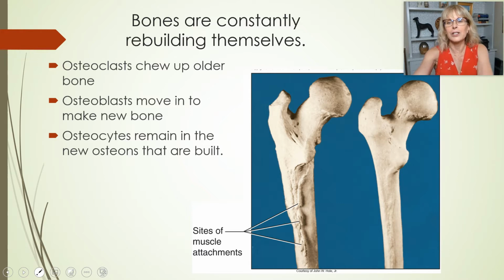So let's look at these two femurs right here, okay? This is the femur of a man who was 40 years old and very athletic, and actually was a weightlifter. And this is a man who's the same height, same age, same weight, but a couch potato. Now, how do we know? Well, you can see that these two bones do not look exactly alike.